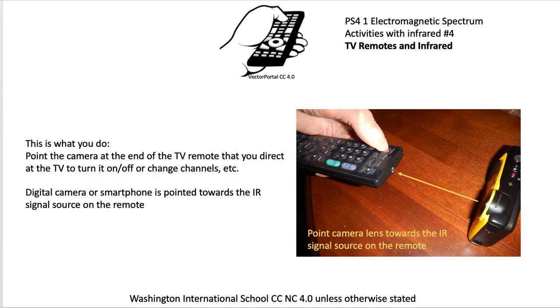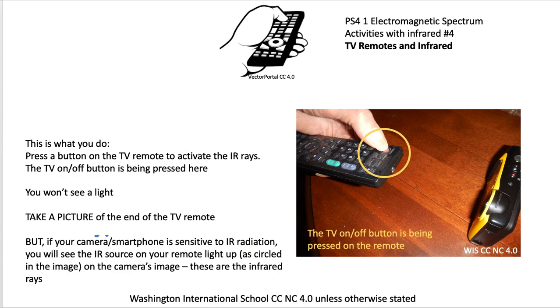And what you're going to do is press the power button for the device, the television, with it pointing towards the camera lens, and you can look at the screen behind and take a picture of it. Now, if it's an infrared reading camera, you'll actually see a light there. So you can take a picture of that end, the working end of the remote.